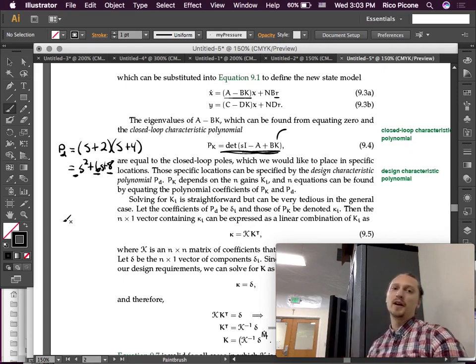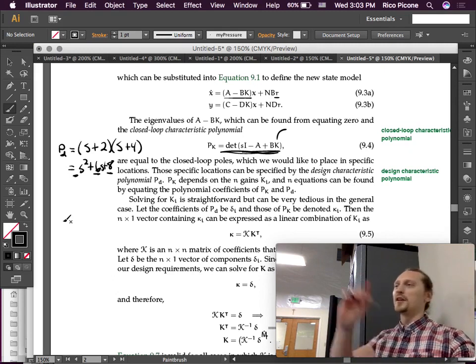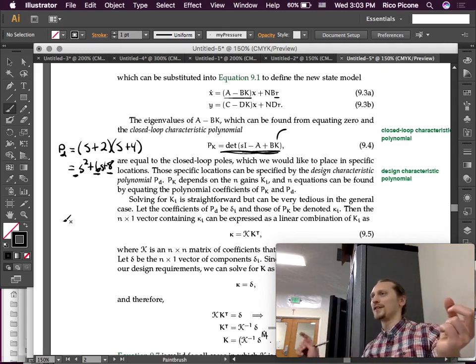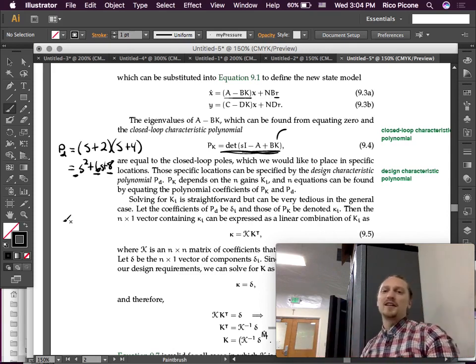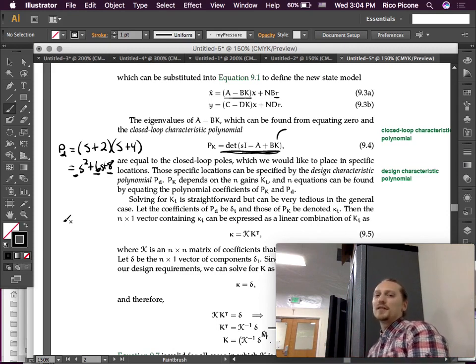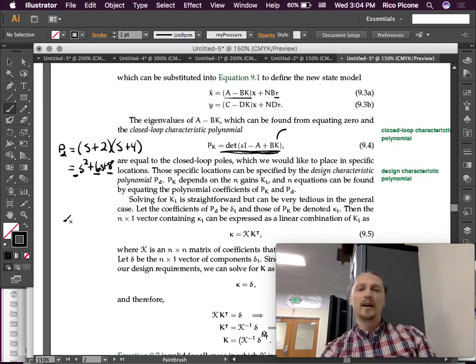So the s squared coefficient on the design polynomial has to be equal to the s squared coefficient in the closed loop characteristic polynomial, and then et cetera, et cetera. You have to equate all of the coefficients for each order. So it's straightforward, but it can be very tedious in the general case.